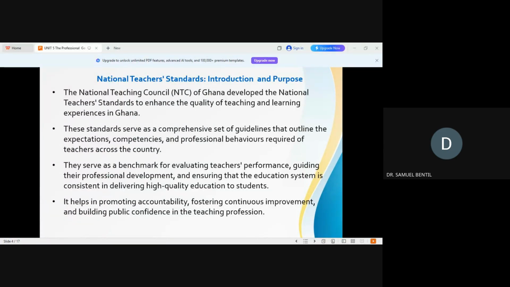So this standard serves as a comprehensive set of guidelines that outline the expectations, competencies, and professional behaviors required of teachers across the country. So now, even when you are developing your course outline at the training, they are saying that you must indicate every learning outcome and the national teacher standard that you seek to address.